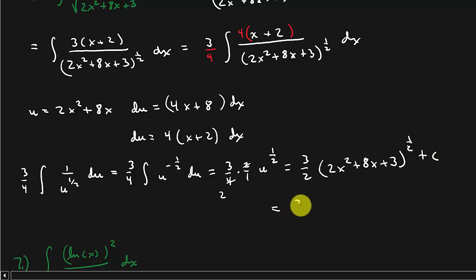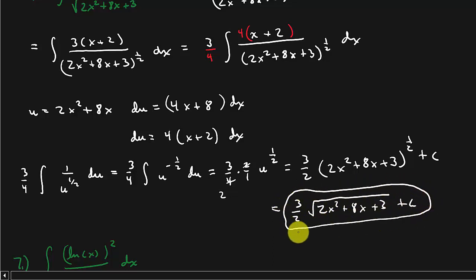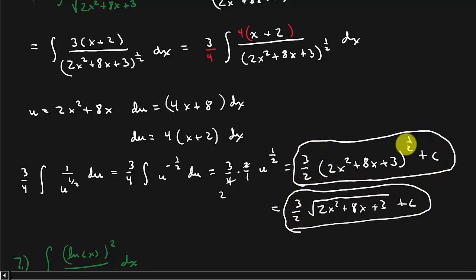And if you wanted to write it as 3/2 times the square root of 2x squared plus 8x plus 3 plus c, that's fine. Okay, if you want to change the 1/2 to a square root, that's fine. If you want to leave it as a 1/2 power, that's fine with me if you're in my class.